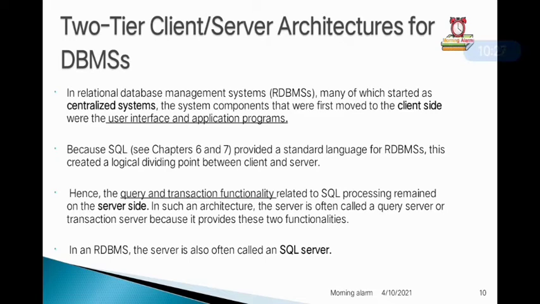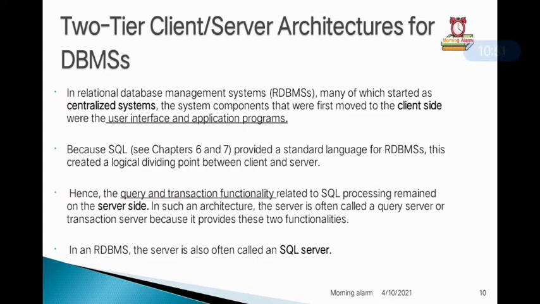In relational database management systems, RDBMS, many of which started as centralized systems, the system components that were first moved to the client side were the user interface and application programs. So all the system architectures are centralized as the basic structure of the DBMS.